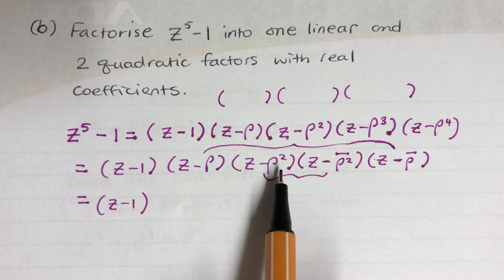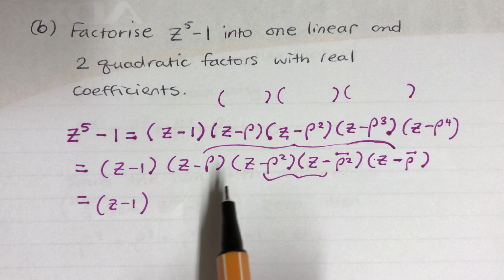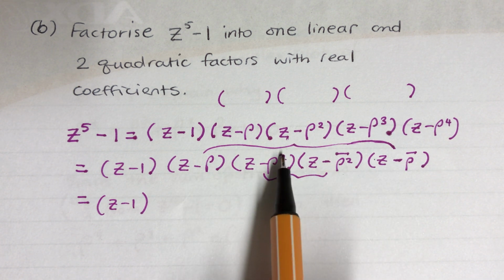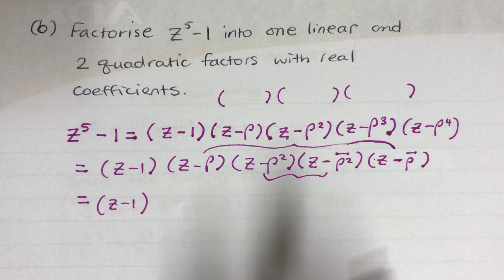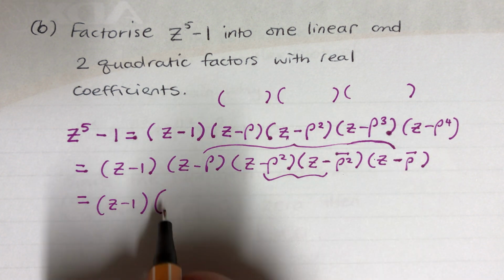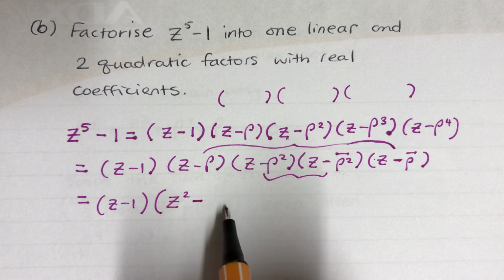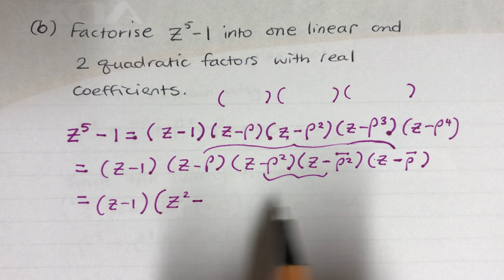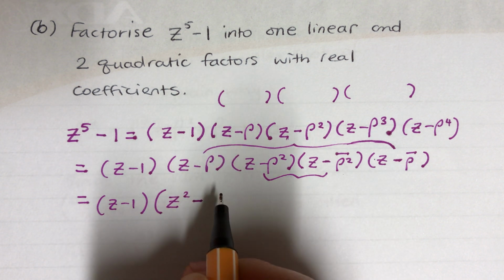If I multiply this together and I multiply this together, I'll get a quadratic. The reason I'm multiplying these together is because they are conjugates, so it'll be a lot easier. So I'm going to do these two first. So it'll be z squared minus, remember the second term is the sum of the roots, and the third part is the product of the roots. So that's what I'm going to do.